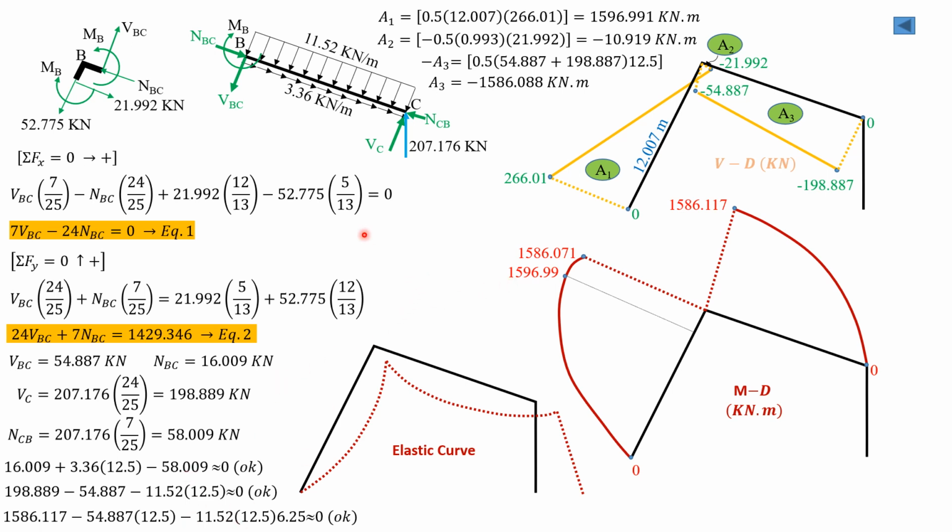Then you can master sketching shear and moment diagrams for frames, as well as the sketching of the elastic curve.